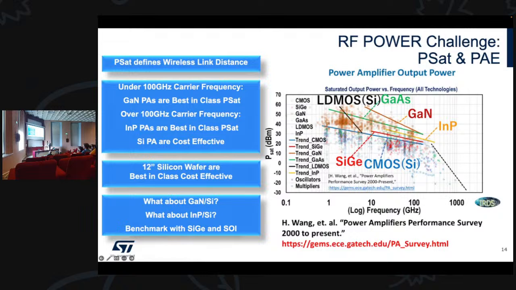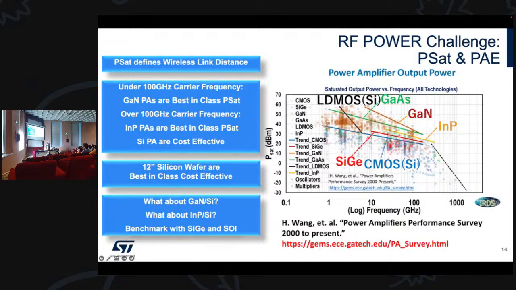These are questions we have today, and we try to answer them because the limit of the pure silicon transistors, or silicon germanium transistors, shows that we can't address the last part, which is the 200, 300 gigahertz.